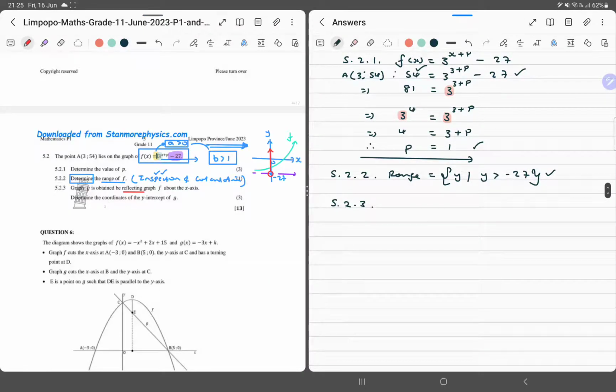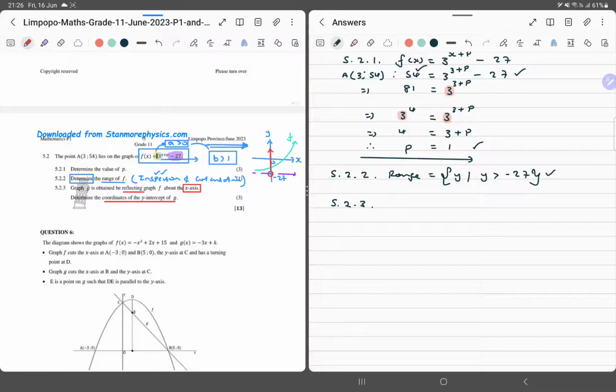Great. Now we're told here this is reflected about the x-axis, so this is a vertical reflection, meaning we are going to multiply the entire function f by minus 1. Then we are going to obtain the graph of g. Now it says determine the coordinates of the y-intercept of g. Now that means we've got two options.